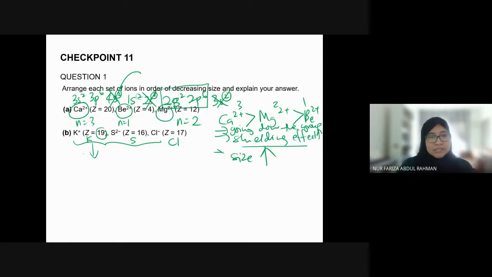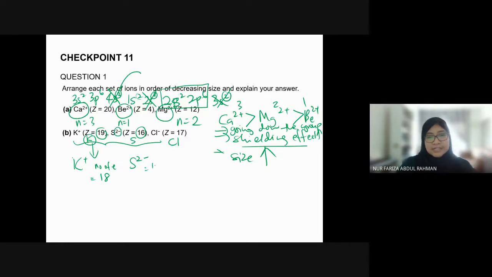You have to consider if they form ions. So Z is equal to 19 is for K atom, potassium atom. When they become K plus, the number of electrons will become 18. Same goes to S2 minus. Okay, when it becomes S2 minus, don't forget to add, or total up, the electrons added. So S accepts 2 electrons there.